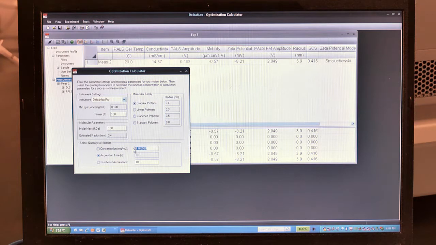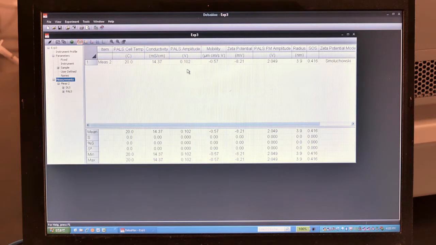Now it's 5.76 mg per mL, which corresponds to the 20 millimolar concentration. And it says that if we have an acquisition time of 8 seconds, we need 10 acquisitions total. So we can get both the size of these surfactant molecules, their micelle, and their zeta potential in 80 seconds, is what this calculator is telling me.